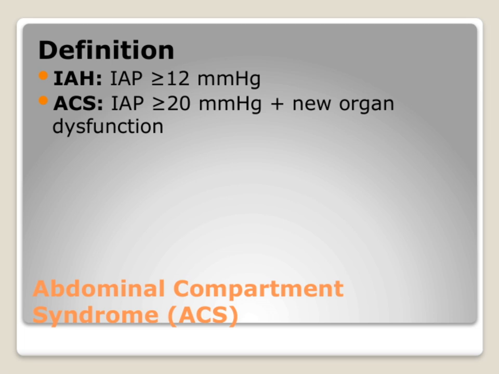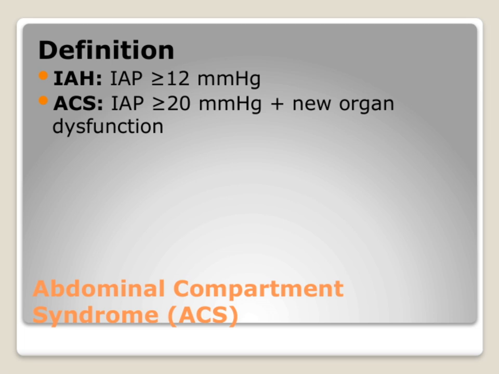It is characterized by an IAP of 20 millimeters of mercury or more, but crucially, it's not just the pressure alone that defines it. The increased pressure must be accompanied by new or worsening organ dysfunction. Understanding these definitions is key because they help us distinguish between less severe intra-abdominal hypertension and the more serious, organ-threatening condition of ACS.